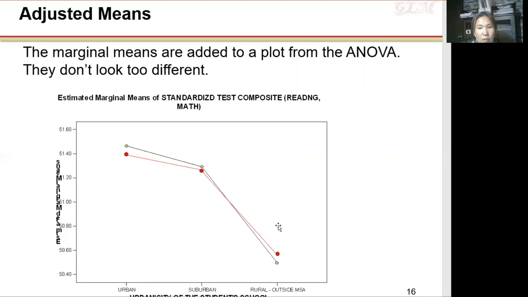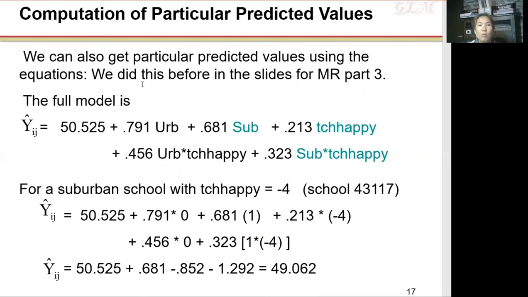Once you generate the SPSS plot, you can have estimated means, but you do not have a naive mean plot. So this is actually created by an Excel file like that. Okay. We can also get particular predicted values using the equations.